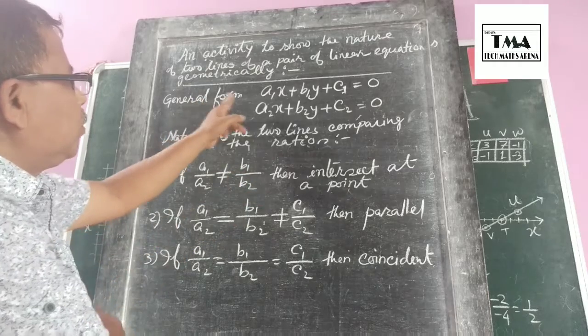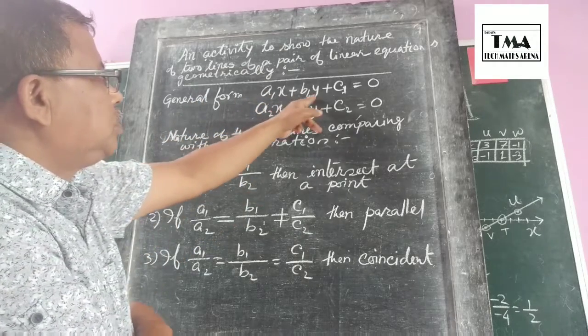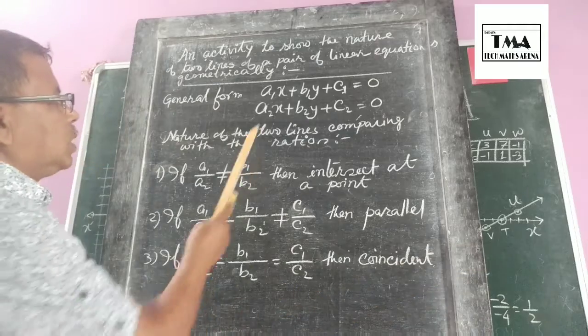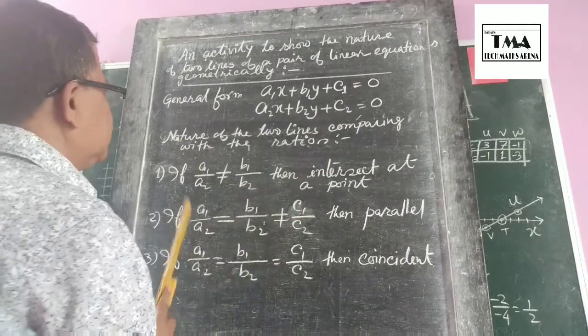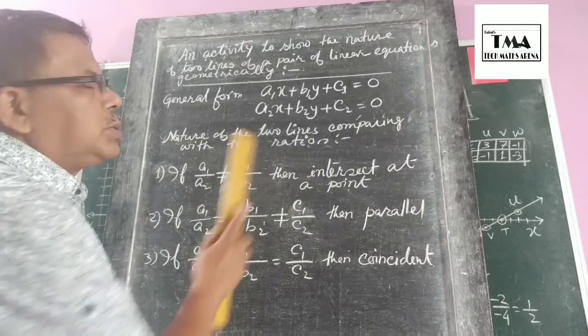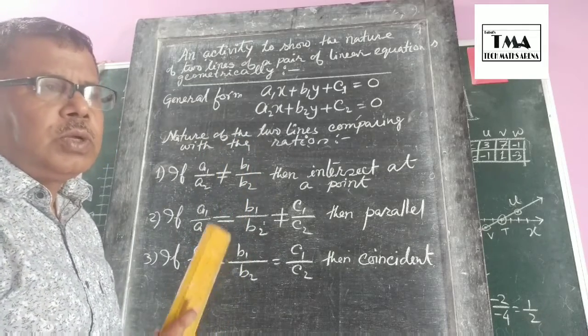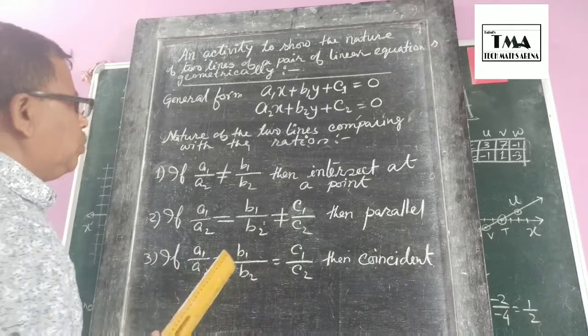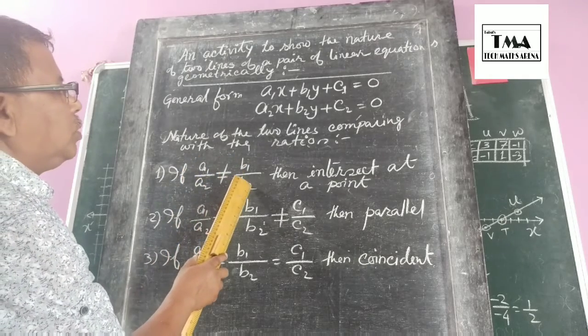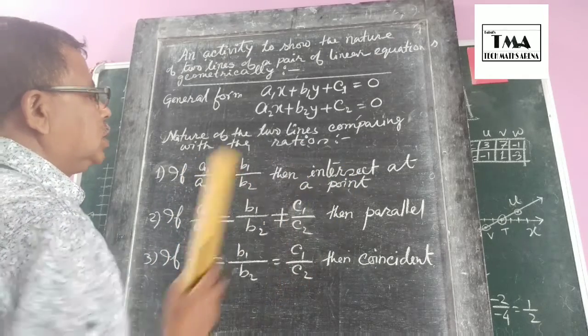We know the general forms are a1x plus b1y plus c1 is equal to 0 and a2x plus b2y plus c2 is equal to 0. Now, the nature of the two lines compared with the ratios, we get this in our book. If a1 by a2 is not equal to b1 by b2, then the two lines intersect at a point.